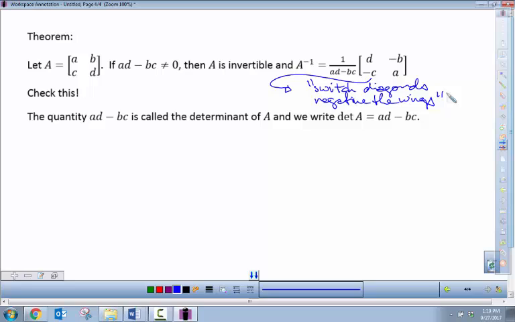So for a 2 by 2 matrix, it turns out to be a simple case. You switch the diagonals, negative the wings. And by the way, AD minus BC, that number, is the determinant, which we've seen before, haven't we?